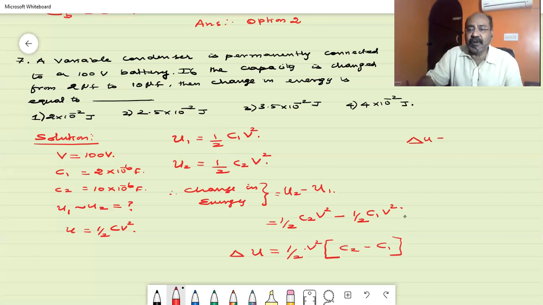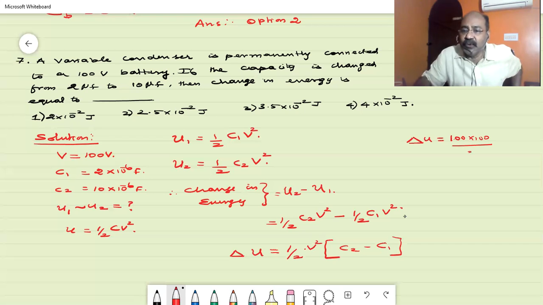So change in potential energy is equal to V square by 2. V is 100. So I can write 100 into 100 divided by 2, multiplied with C2 minus C1. What is C2 minus C1? I can take it like this, delta U equal to. When I am dividing, I will get 50 into 100, or I can write 5 into 10 to the power of 3.